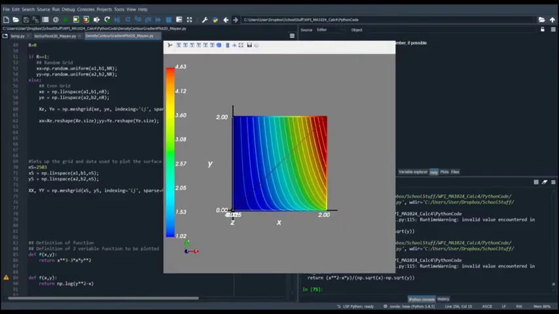So here is a plot of this function, and we can see very clearly that at (0,0) the limit does exist, and not only that, but at (0,0) the limit is equal to 0, just like we calculated.